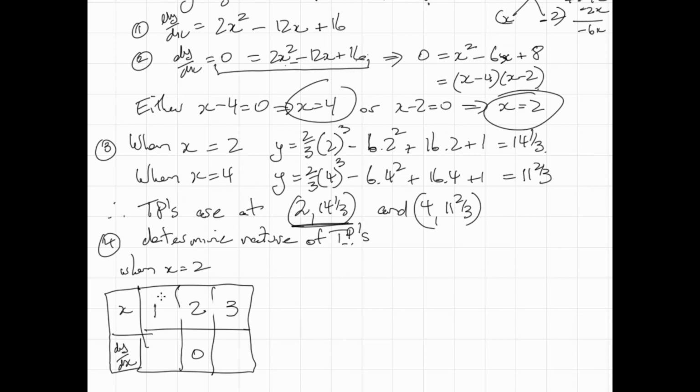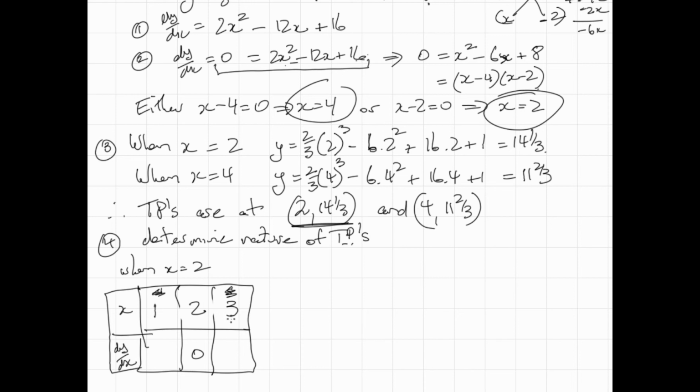It would be wrong, for instance, to go too far away from 2 and say x equals 5, because that is on the other side of this turning point, and it's going to give us a false impression of what's going on. So it's important to just choose values very close to where dy dx equals 0. So 3 is in between 2 and 4.